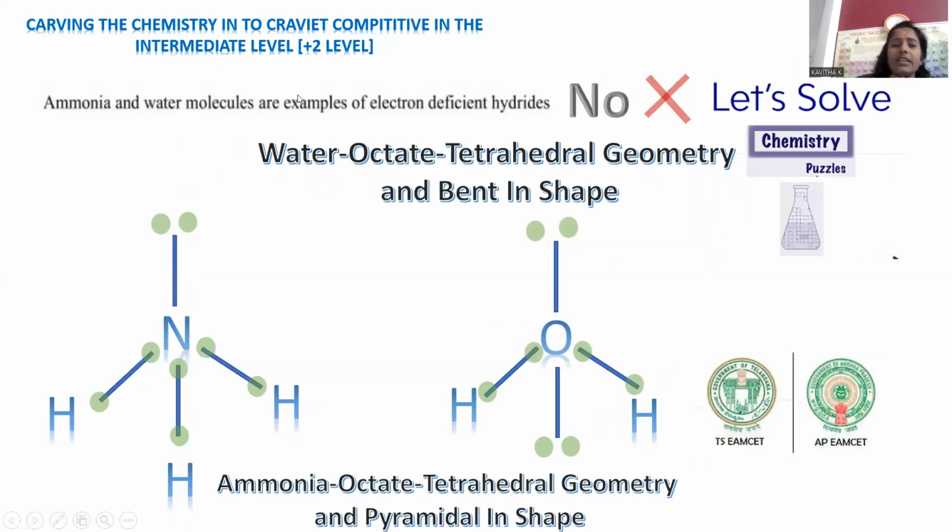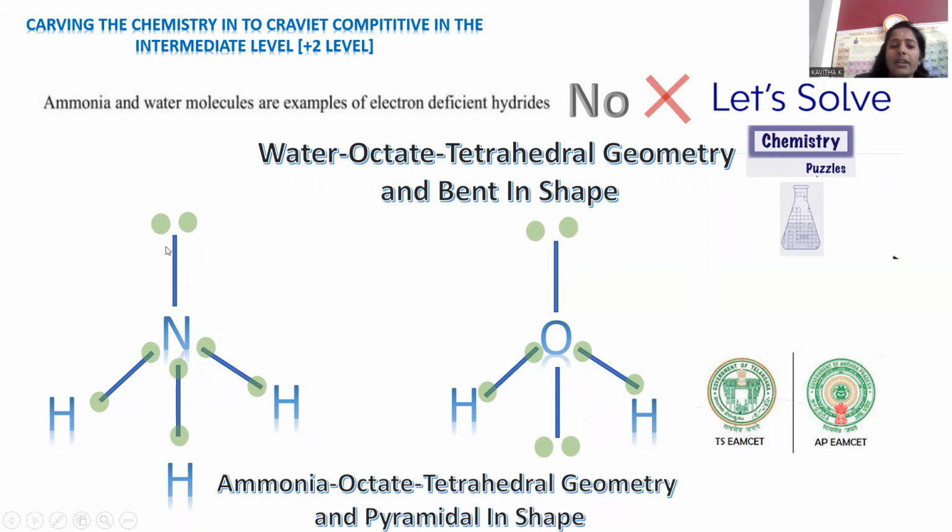And the third one is ammonia and water molecules are electron deficient. Electron deficient means less than an octet; if that is present, those are called electron deficient. If you see, ammonia is made by 4 bonds. In general, sp3 hybridization, with bonds to hydrogen, 2 electrons, 2 electrons, 2 electrons with 3 hydrogen atoms.